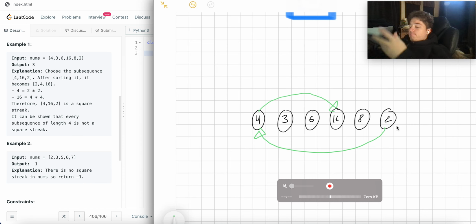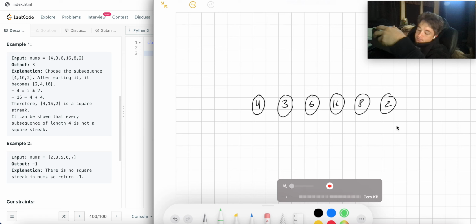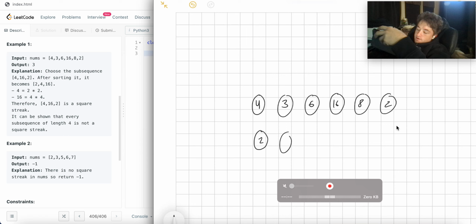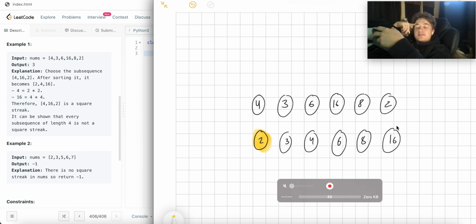Okay, so what we should do first, before we process this system, is sort it. If we sort this, we get 2, 3, 4, 6, 8, 16. Now when I look at 2, I know 2 is the minimum number. Since 2 is the minimum number, the square root of 2 can't exist in the system.